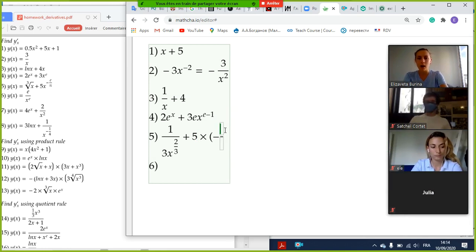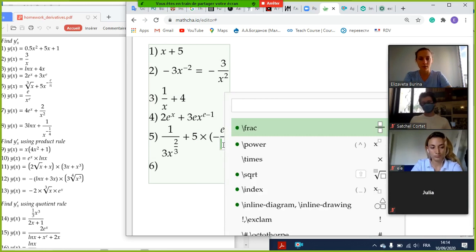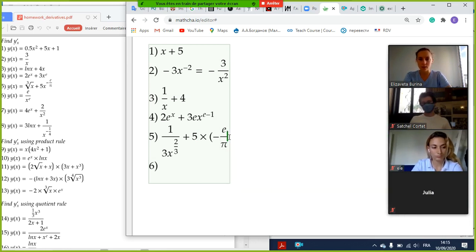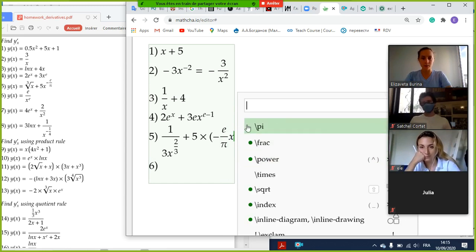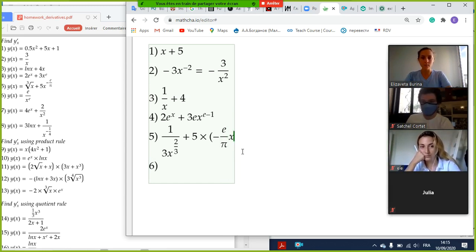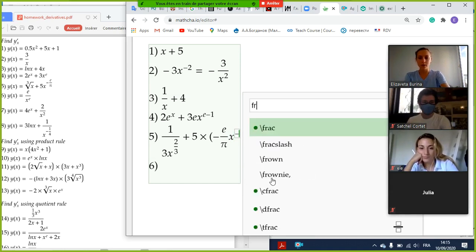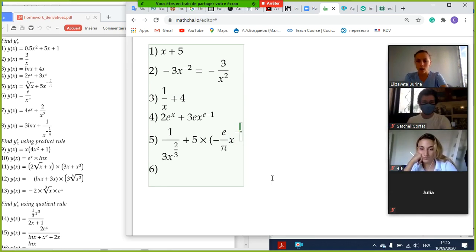Both e and pi are numbers, right? Pi. Sorry. Sometimes my Russian is just stronger than me. And then we have the exponent here of fraction e over pi minus 1.